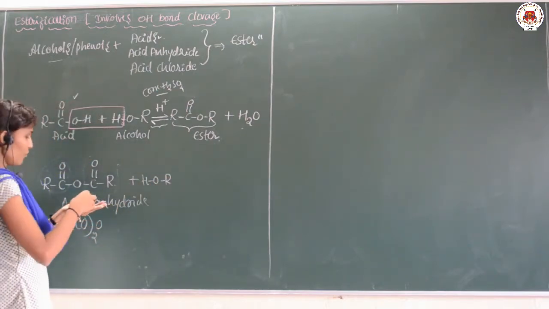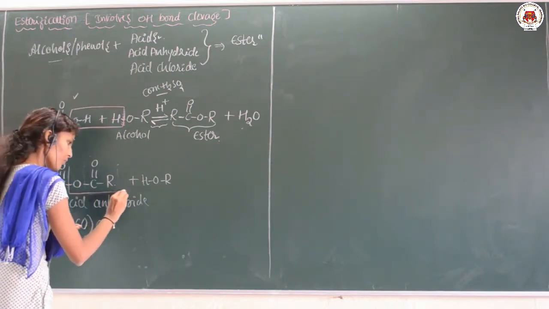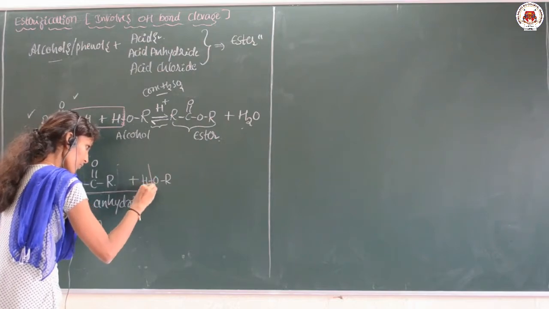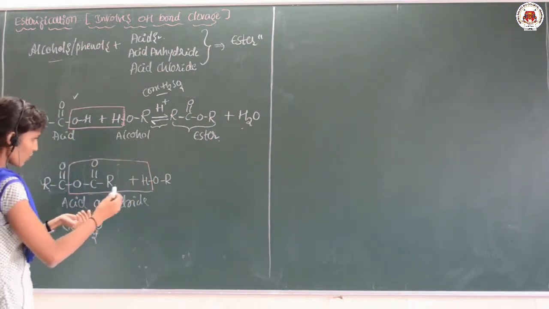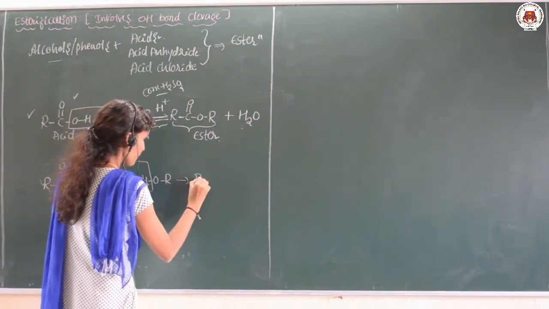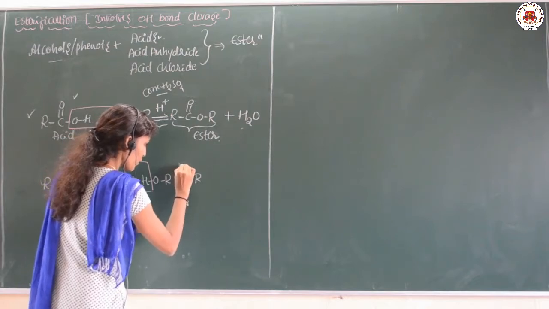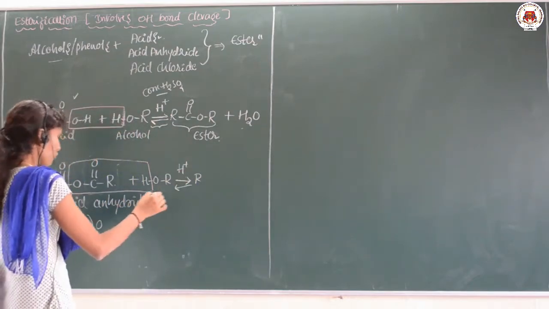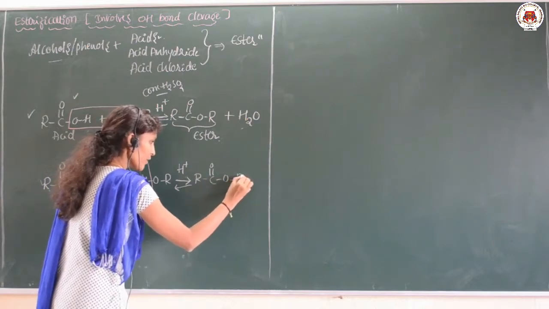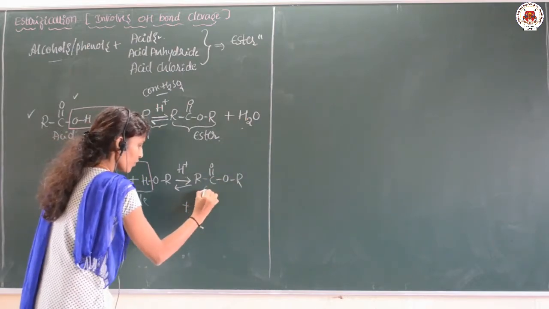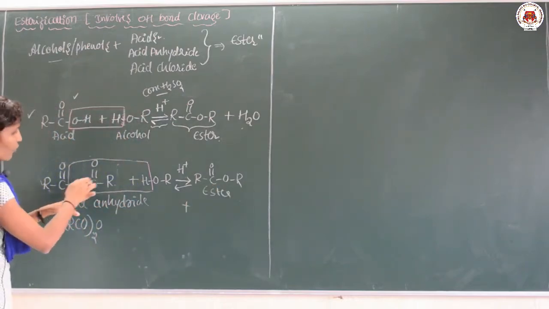As before, the OH bond is cleaved. What is the product? This is also a reversible reaction, carried out in presence of an acid. The product is R, C double bond O, R, which is the ester, plus what else remained, RCOOH.